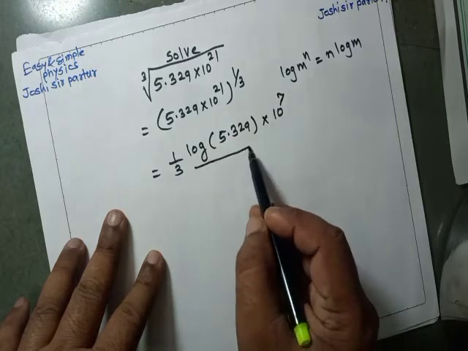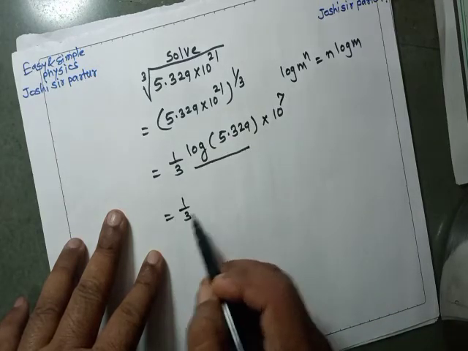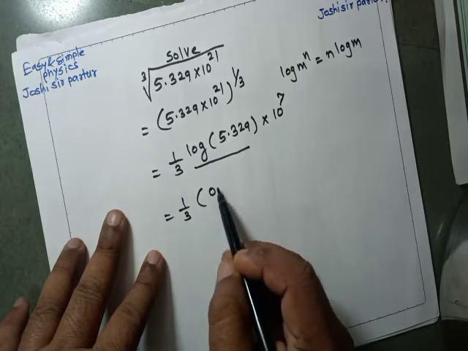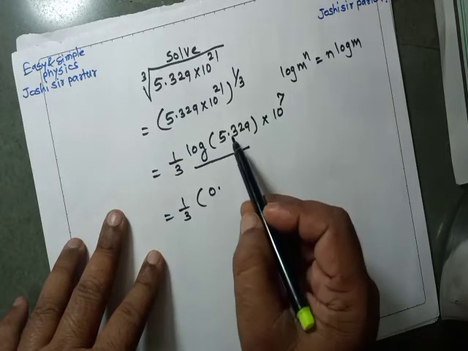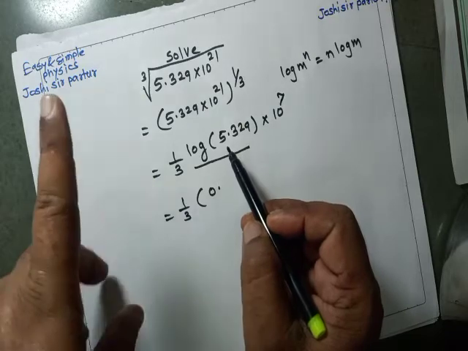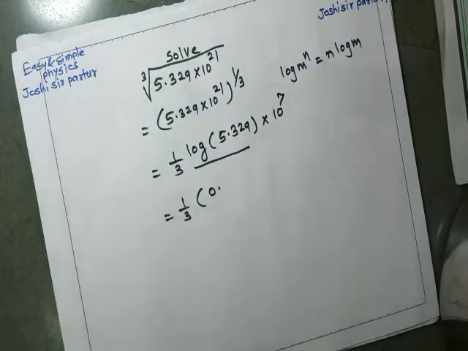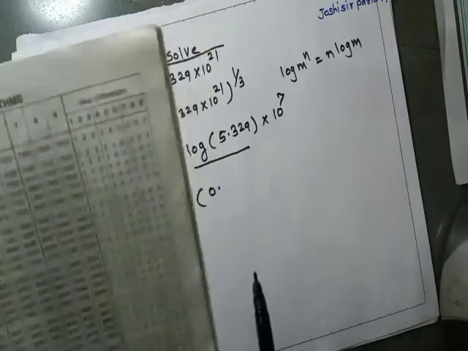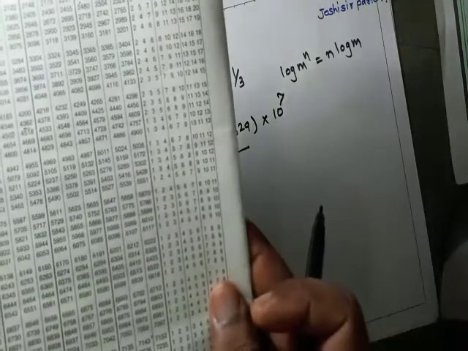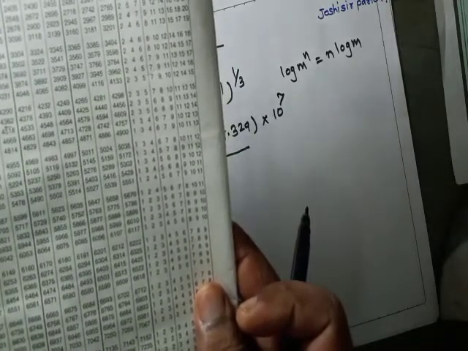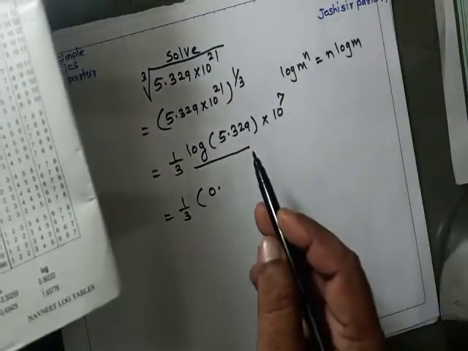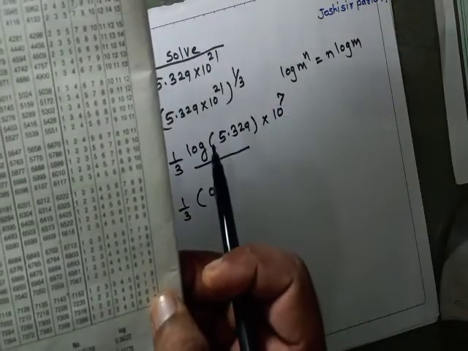If we see the log, it is 1 upon 3 in bracket 0 point. Why 0 point? Before the decimal point 1 digit is there, 1 is subtracted, that gives 0 point. If we see log, its log will be 53 into 53, that is 7259, and in 9 will be 7.